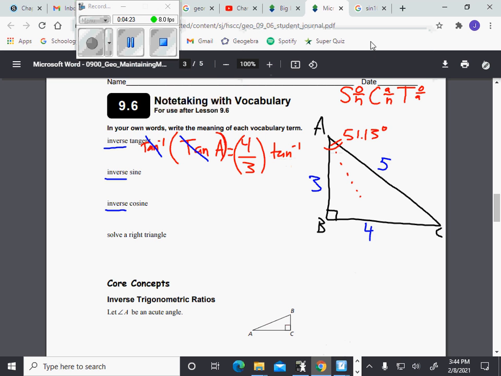The inverse sine. Well, if I want to find the sine of A, we'll do this one in blue here. The sine of A is equal to opposite over hypotenuse, right? So 4 over 5. And I want to take the inverse sine, sine inverse.